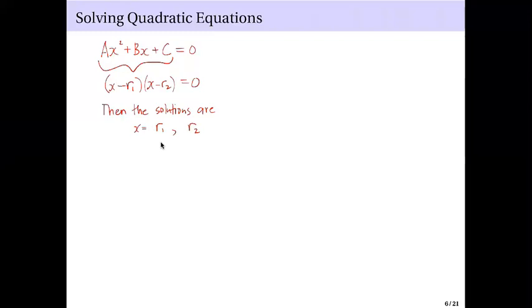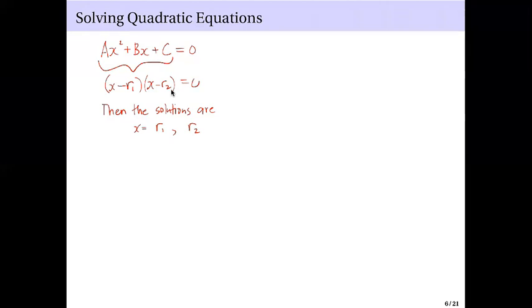So the question is, how are you going to factor this equation into this form?